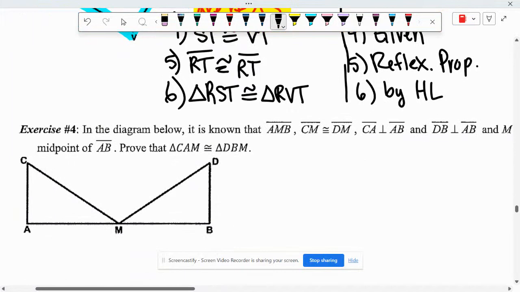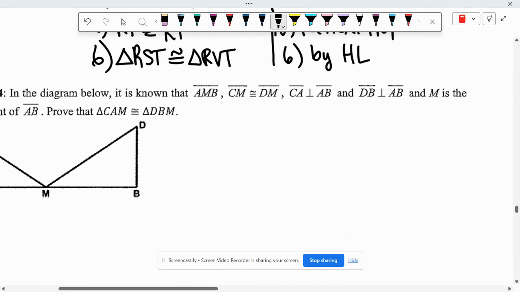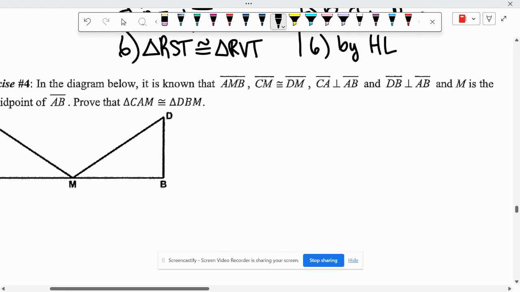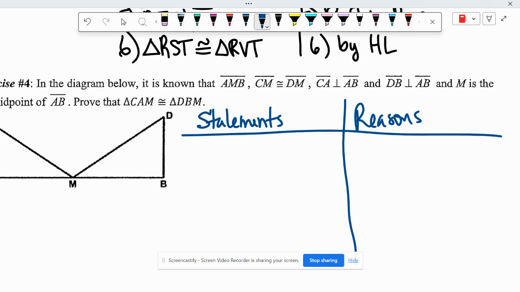Okay, let's try it again. Every time I do a proof, I try to do it a little bit differently each time just so I become more familiar with it. But every time we do a proof, we're going to have our statements and reasons. That doesn't go away. Every single time, statements and reasons.